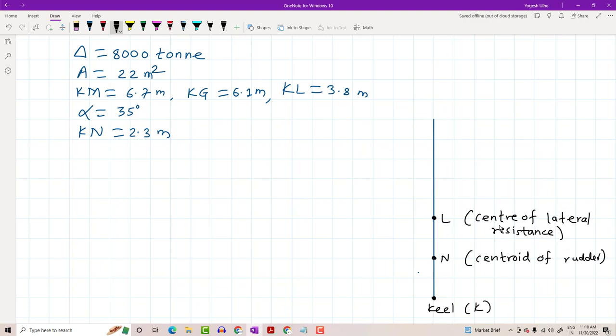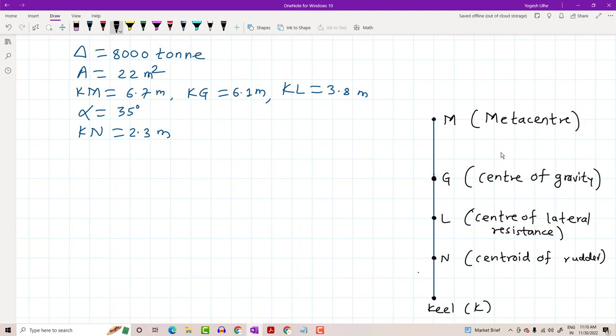Then we will have the center of gravity. G stands for center of gravity. And at the end we will have M. M means metacenter.